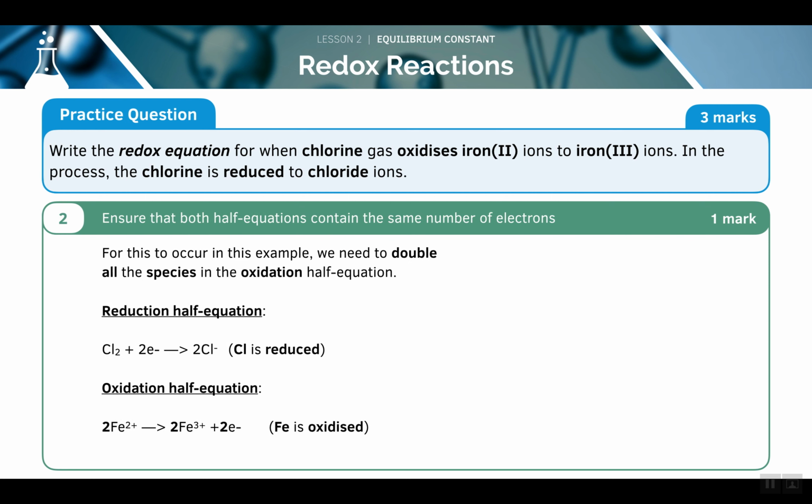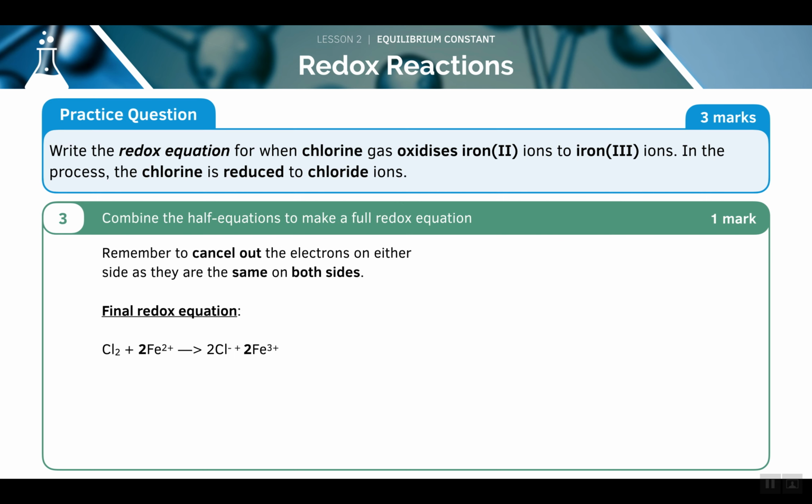Now, we need to make sure that both the equations have the same number of electrons, so we will balance them out here. As shown, we've included a 2 in front of the iron equation to balance the electrons. Now, we can put the two equations together and cancel out the electrons on either side, leaving us with our final answer as shown here.